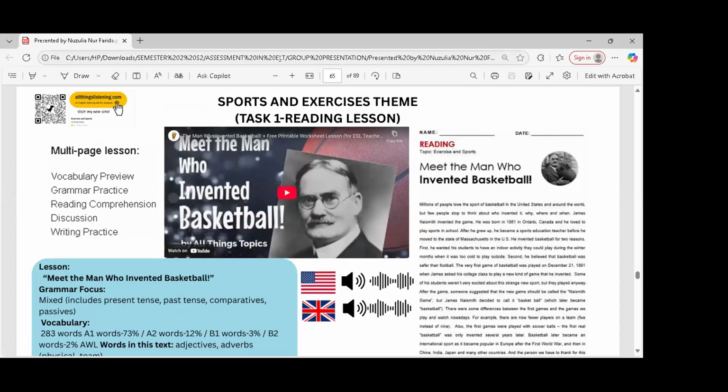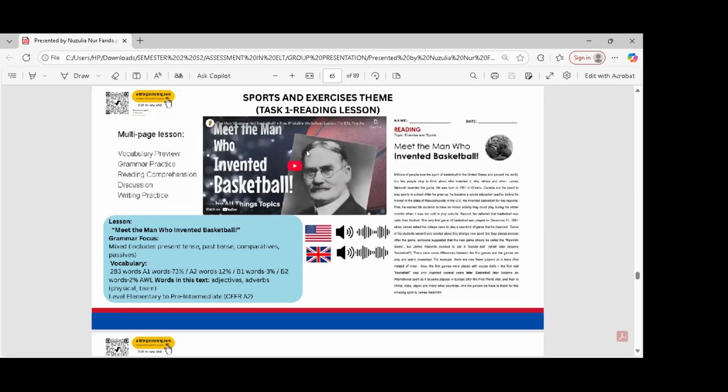So friends, here are examples of a vocabulary assessment or vocabulary task that is integrated into a reading lesson.